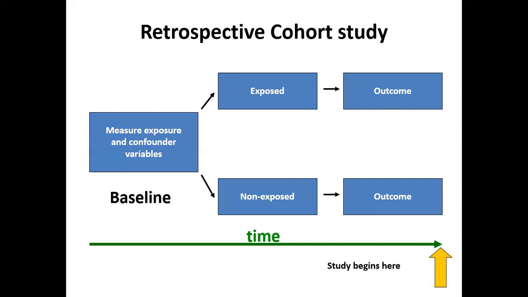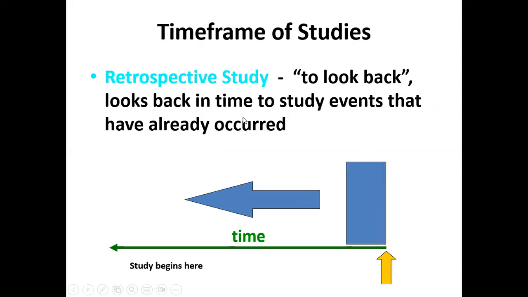So this is the difference between retrospective cohort and case control, and also the difference between retrospective cohort and the prospective cohort is the time from the beginning of recording your baseline. Got this?